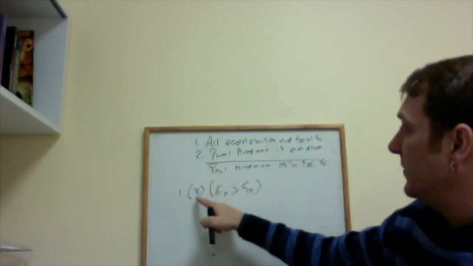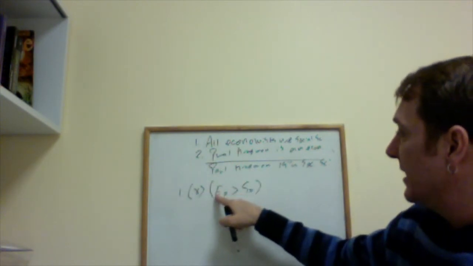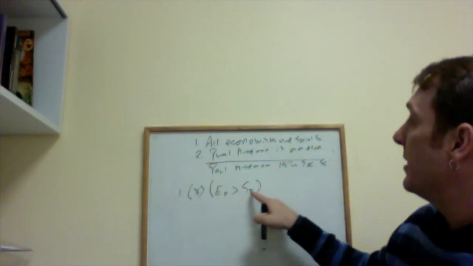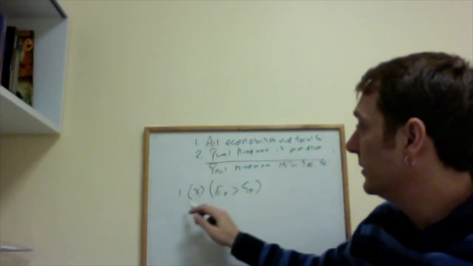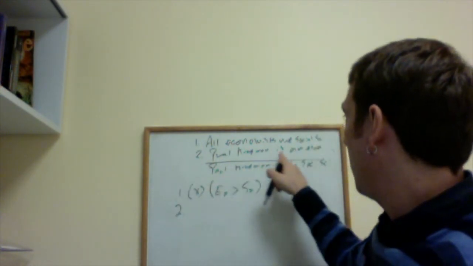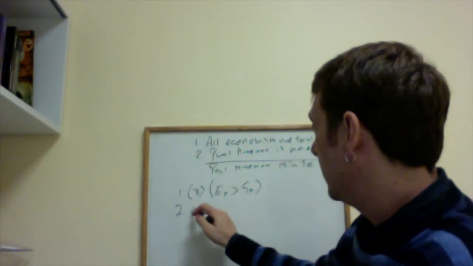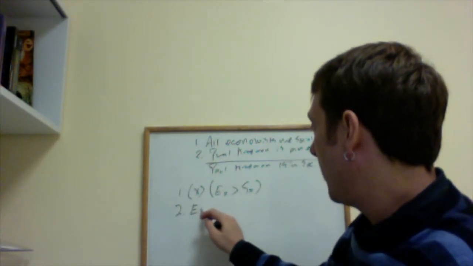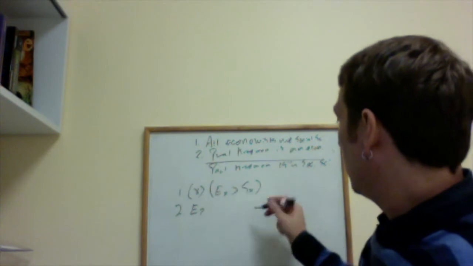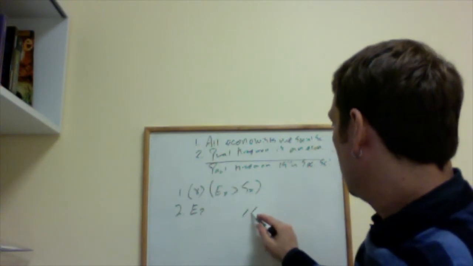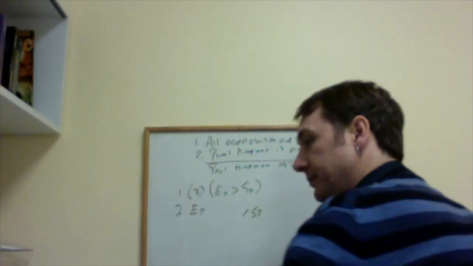So the first premise says for all x, if x is an E, an economist, then x is an S, a social scientist. Our second premise here is that Paul Krugman is an economist, and we can use P to stand for Paul Krugman. And the conclusion is, therefore, Paul Krugman is a social scientist.